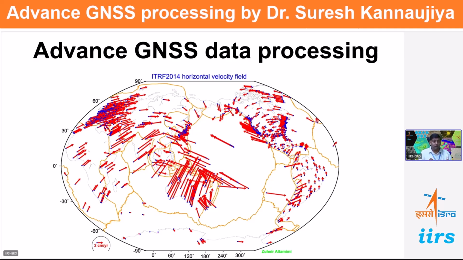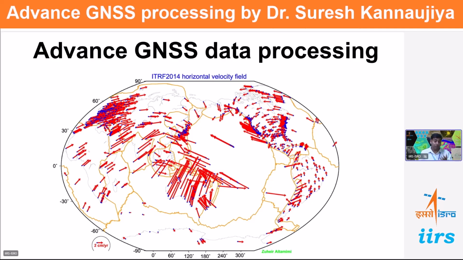When something is moving in millimeters, centimeters, or meters, we need millimeter accuracy estimates through this GNSS data so that we can monitor those phenomena with good accuracy as well as precision.